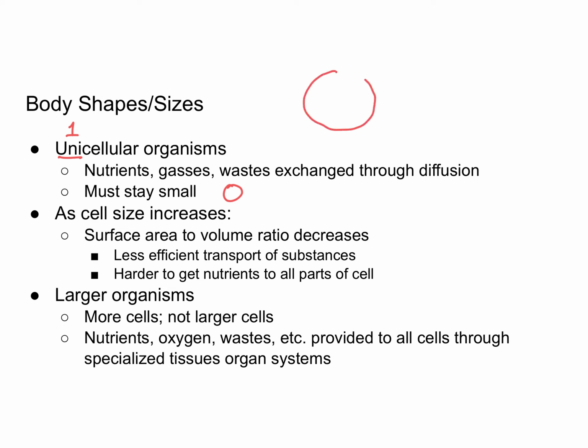So if this were our unicellular organism and we had nutrients trying to get in, it has to be small because the nutrients have to be able to get to all parts of the cell so that the cell can use those nutrients. The waste products also have to be able to fairly efficiently get out of the cell.